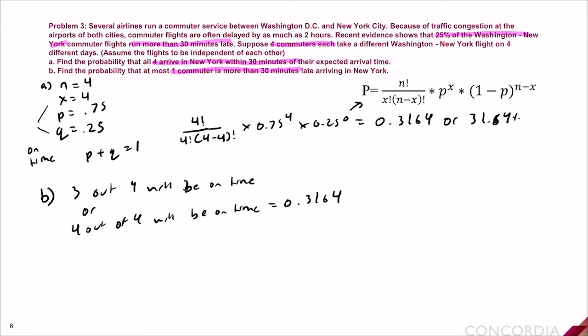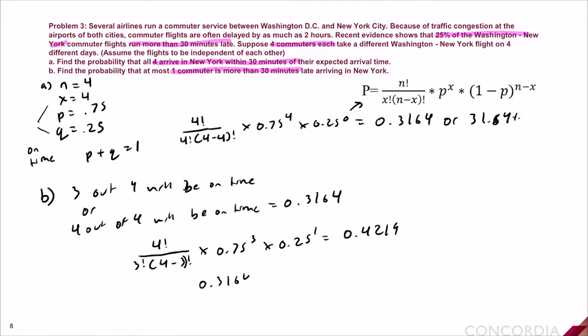And we're going to look for the probability of 3 out of 4 being on time. We're going to plug it in to the equation using 3 as an x this time, but keeping all the values the same. And that'll give us an answer of 0.4219.